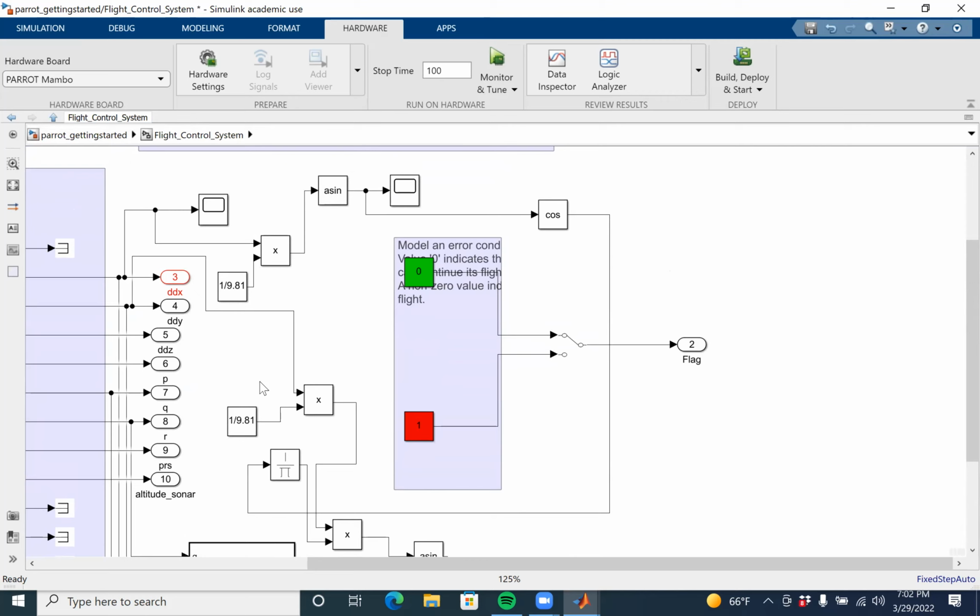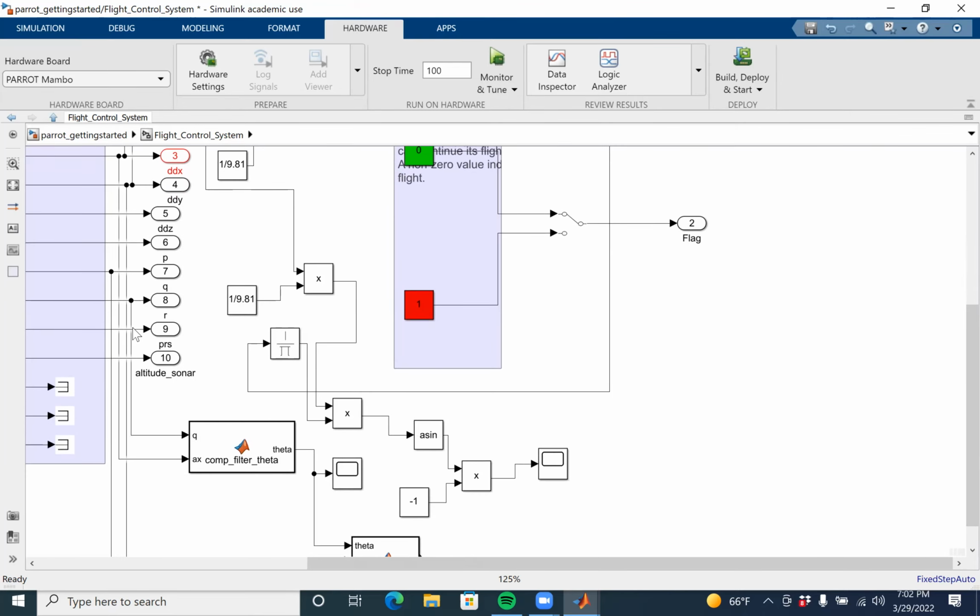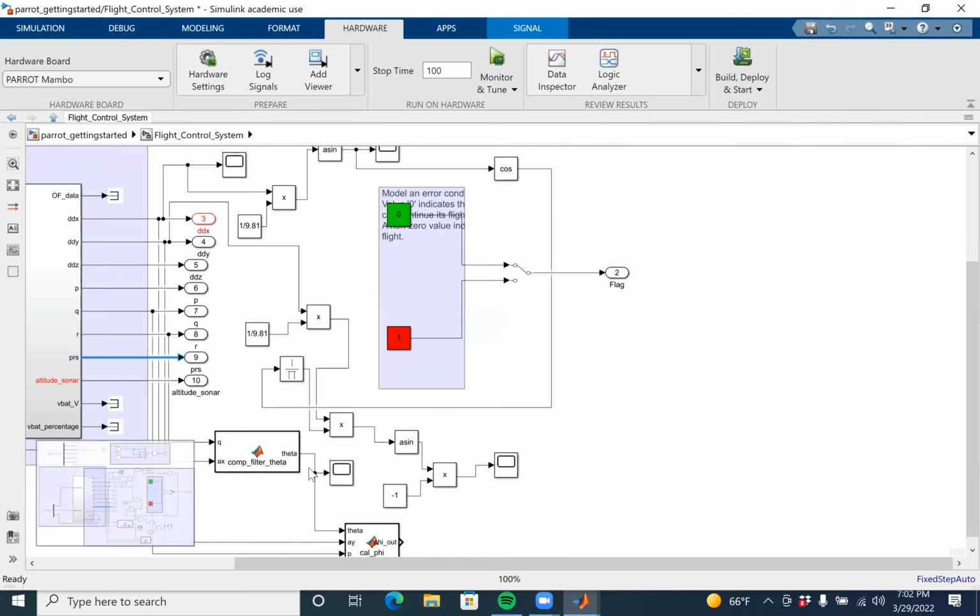It's got P, P, Q, and R. They are getting from R, which nothing is connected to. In number 8, out number 8.